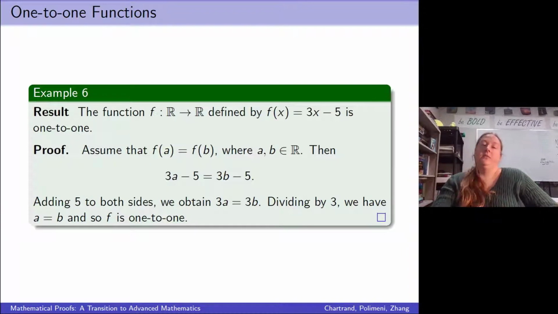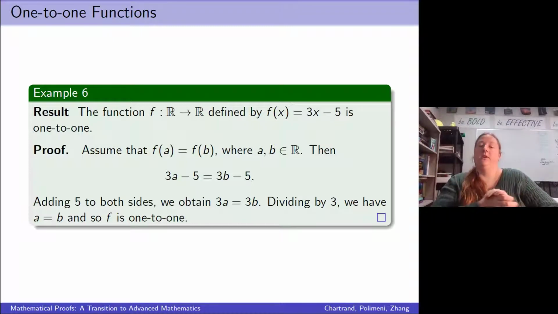So let's take a look at an example where we can do a proof using that formulation. We have a function f from the real numbers to the real numbers, defined as f of x equals 3x minus 5, and we want to show that it's one-to-one. Using our alternative formulation, we get to assume that f of a equals f of b, where a and b are some real numbers. We don't know if they're equal or not.